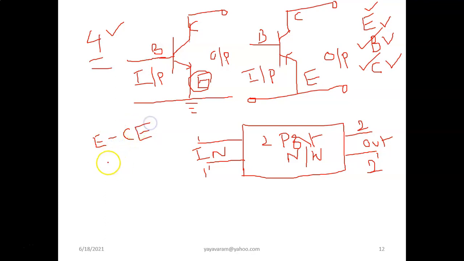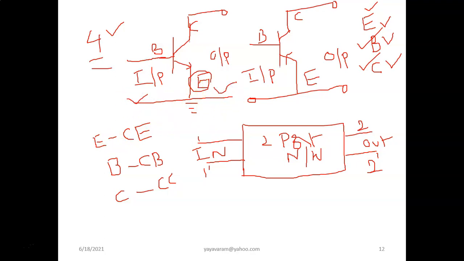Some people may use base as common to both input and output. Then it may be called as common base configuration. Some people may use collector, a common collector configuration. That is making one terminal common to both input as well as output.